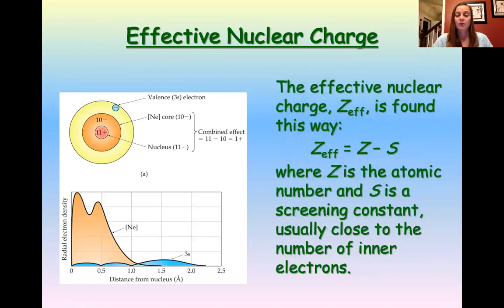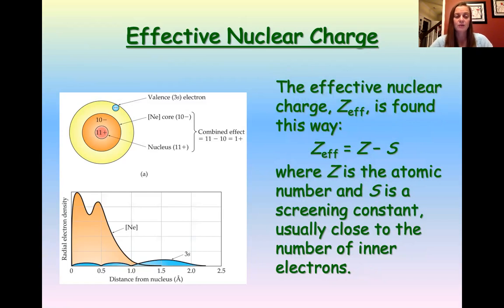We determine this key term, effective nuclear charge, by subtracting this screening constant or shielding constant from the atomic number. That screening constant is usually close to being the number of inner or core electrons. So what that means, and this is important, is that as we move across a period, the number of inner electrons doesn't change, but the number of valence electrons does.